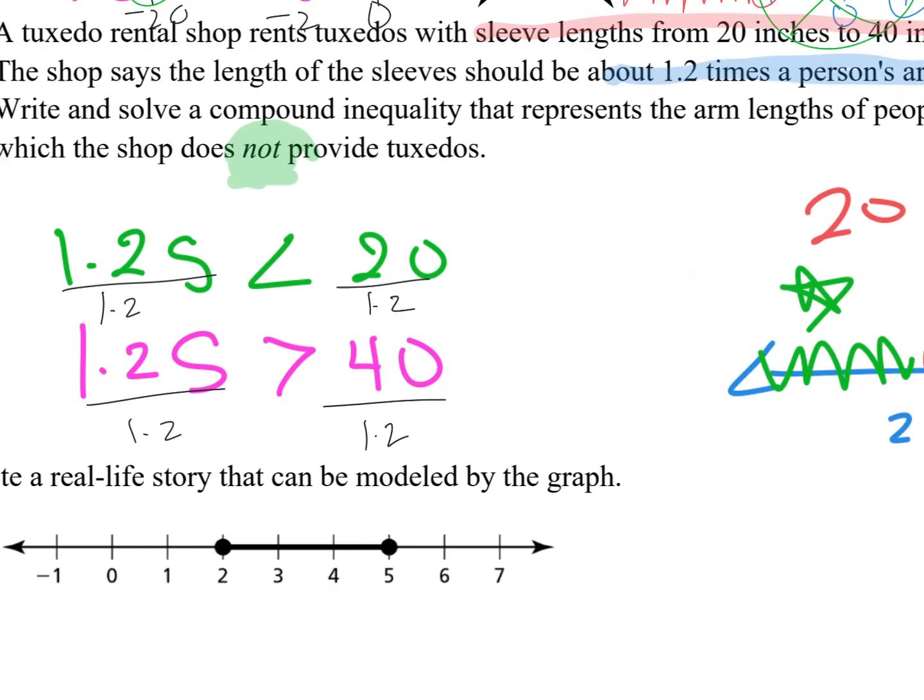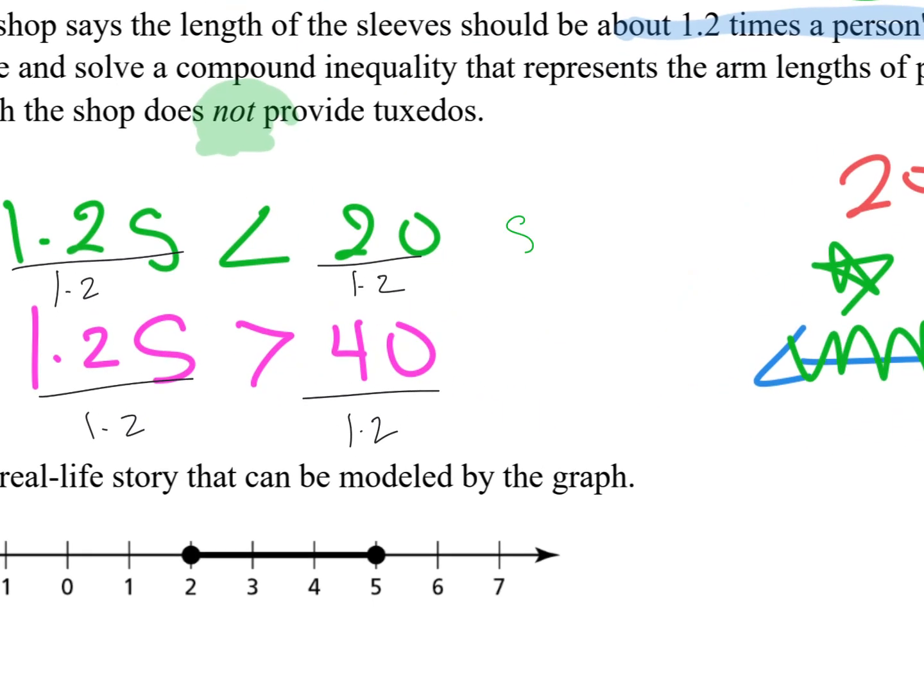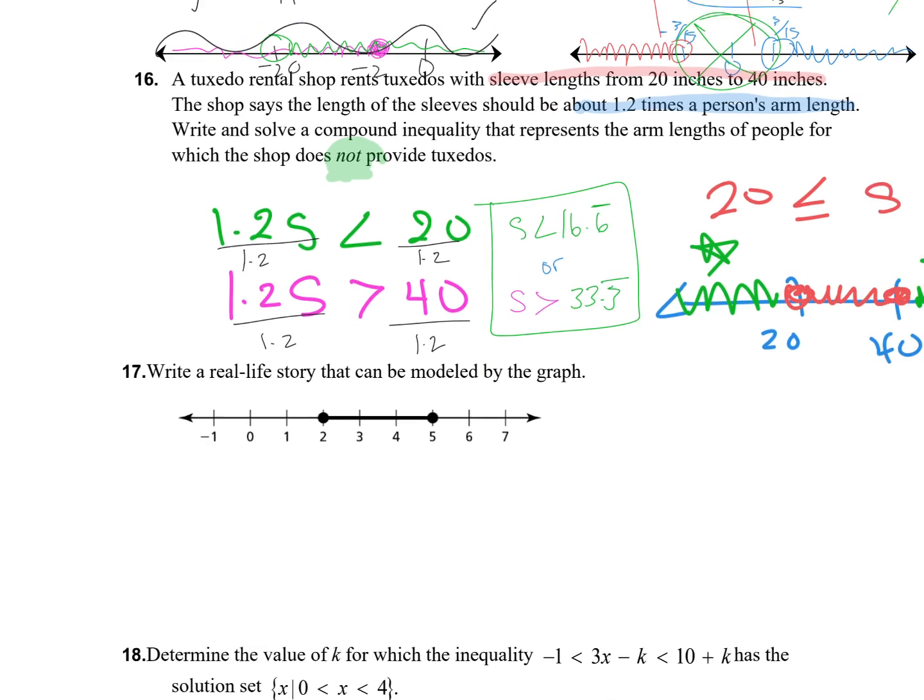And so this guy, his sleeve has got to be less than this one. This guy, his sleeve's got to be greater. And remember, this is an or. The top one is 16.6 repeating. And the bottom one is 33 and, ooh, the wrong color, but that's the idea.